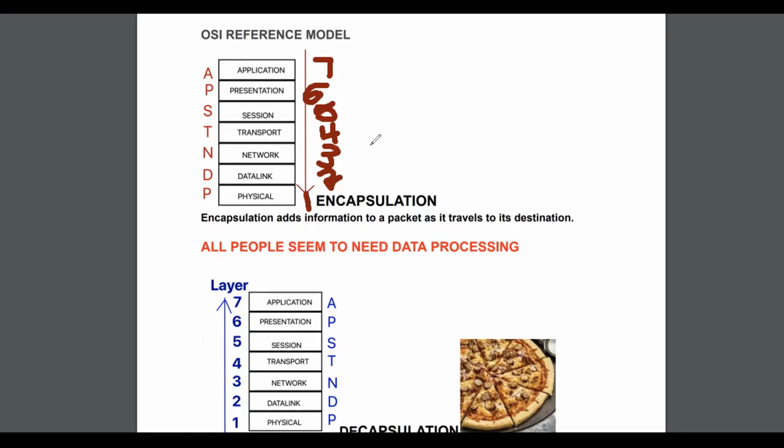We pick the first layer at the top, which is the 7th layer. The first letter is A. The first letter for presentation is P. The first letter for session is S. The first letter for transport is T. The first letter for network layer is N. The first letter for data link layer is D. The first letter for the physical layer is P.